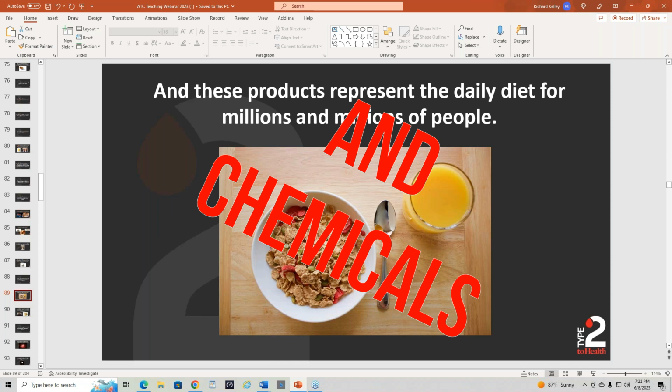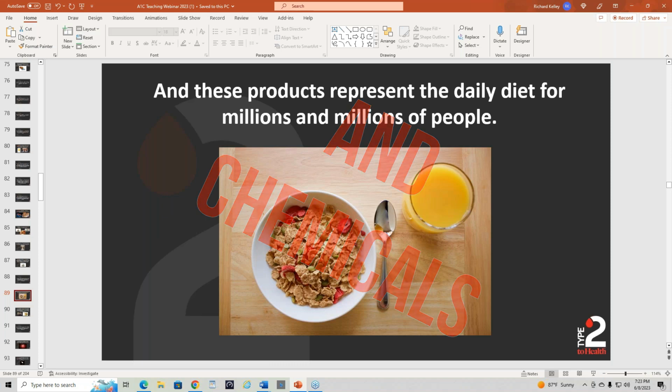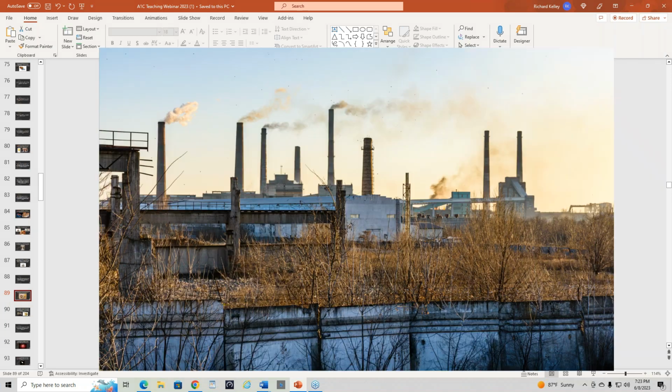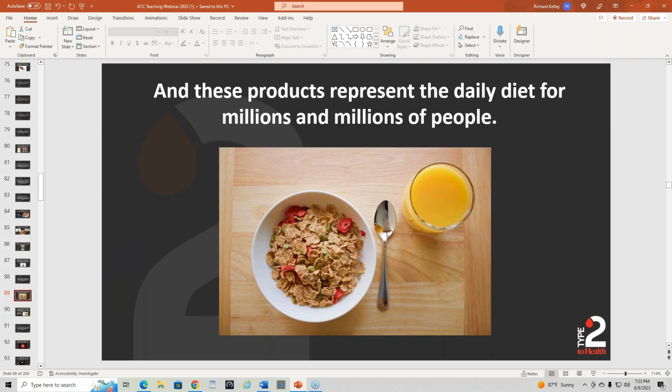And these are products that represent the daily diet for millions and millions of people. And the fact that they have to travel through a manufacturing plant before they can end up on our table is really sad. And it's insidious, because we've grown up thinking that these products are good for us.